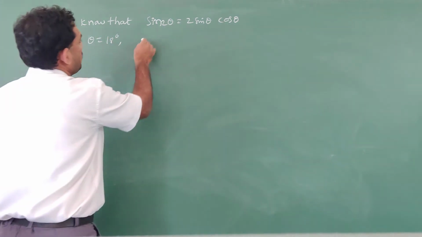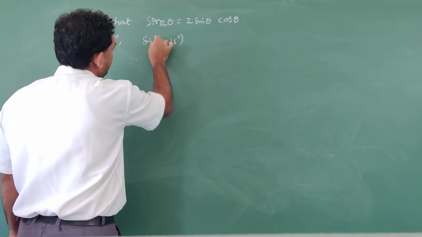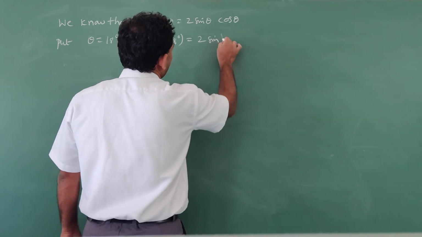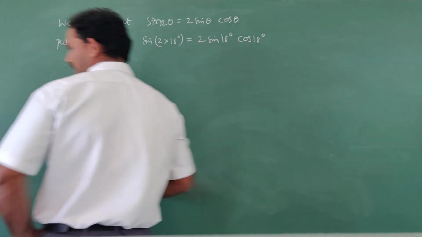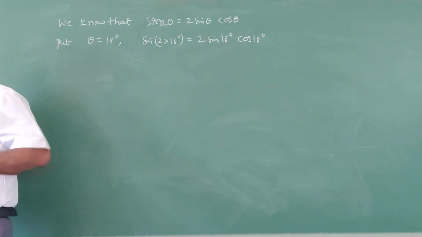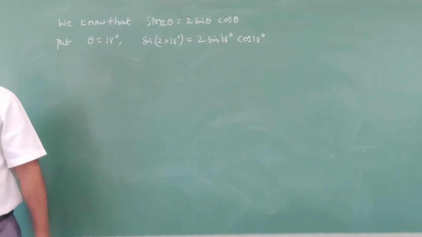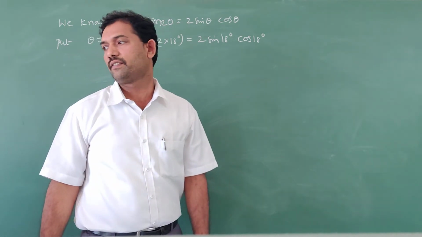So sin 2 into 18 degrees equals 2 sin 18 degrees cos 18 degrees.